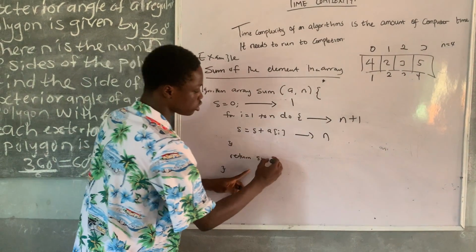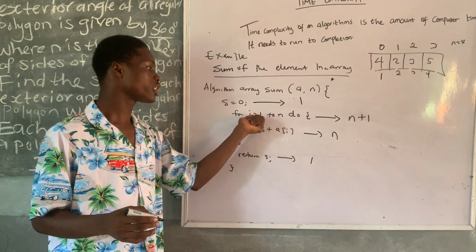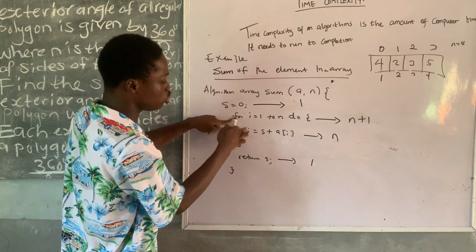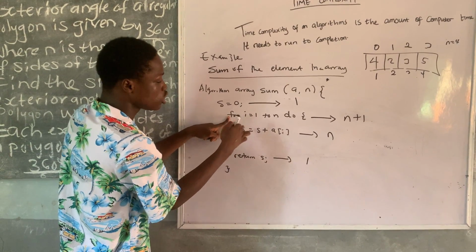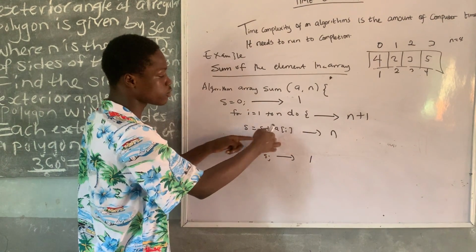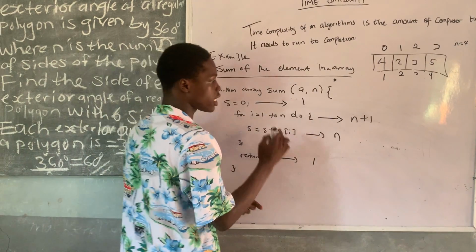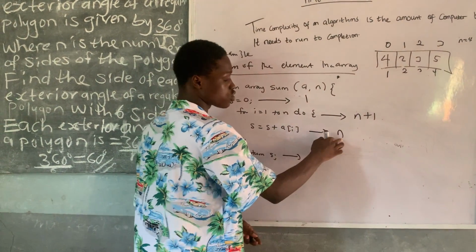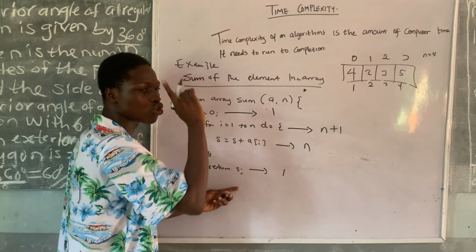Then this return is going to be 1, because it returns only once. Every statement inside the for loop is covered by this: if the for check is executing 5 times, this body is executing 4 times.